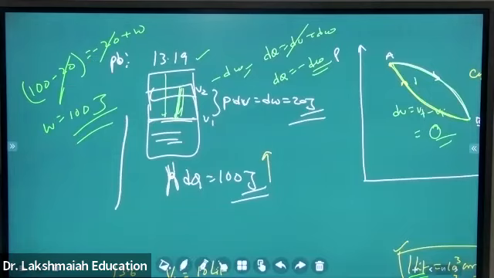In a cyclic process dU is equal to 0, like this. Yes, sir. Right. Next question.